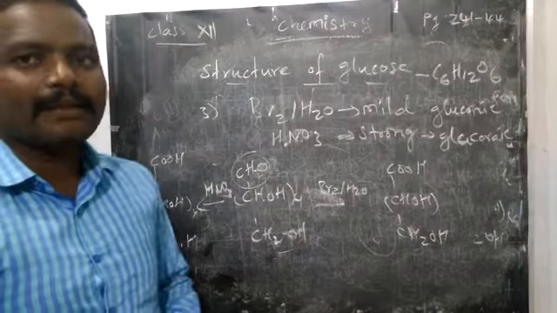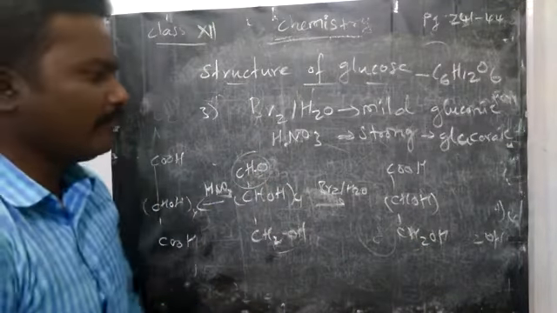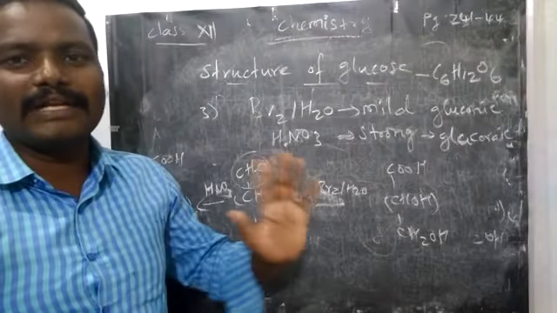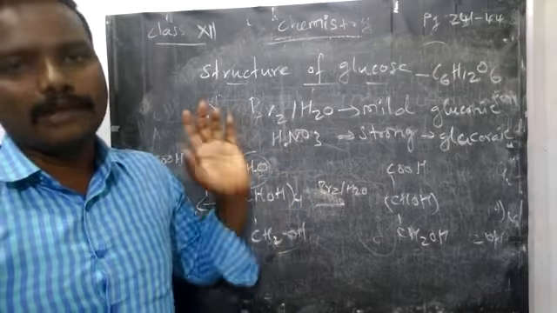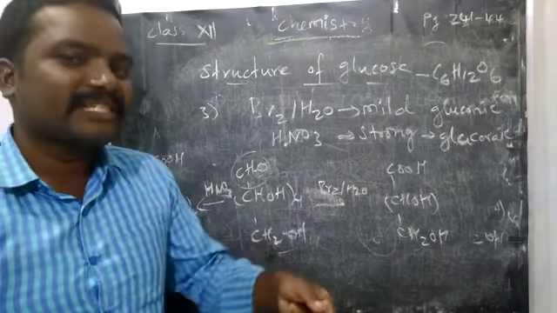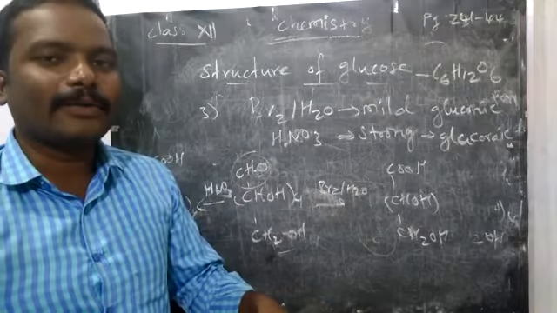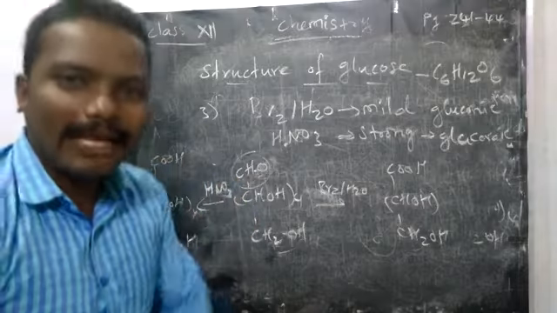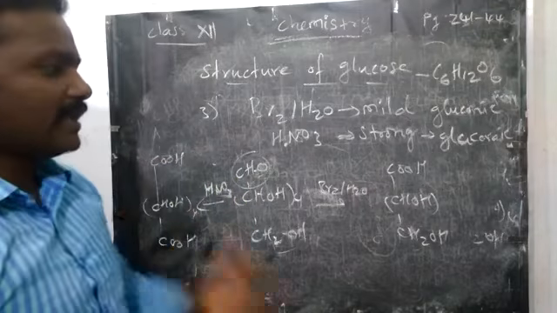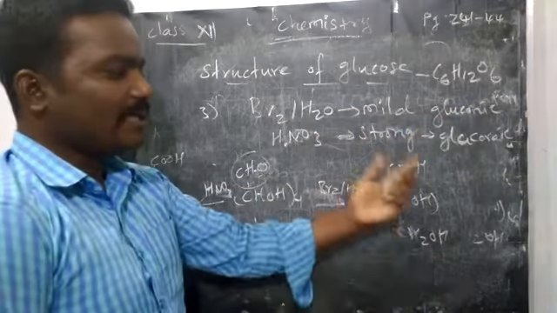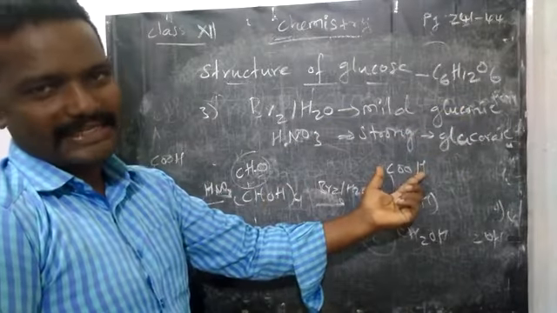From that we can again confirm that at one end of the carbon chain we have a carbonyl carbon. A carbonyl carbon present at the end of the chain can only be an aldehyde, because a ketone cannot exist at the last carbon. So with the mild oxidizing agent giving gluconic acid, the aldehyde is oxidized into acid.